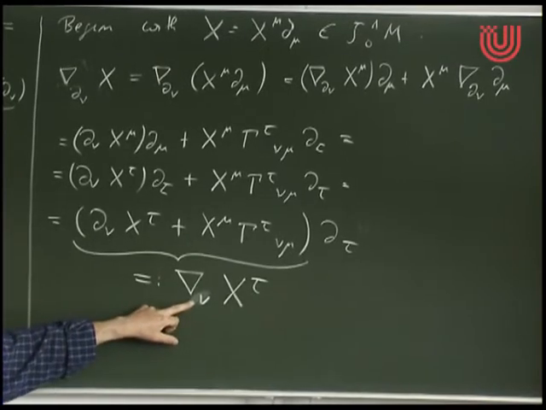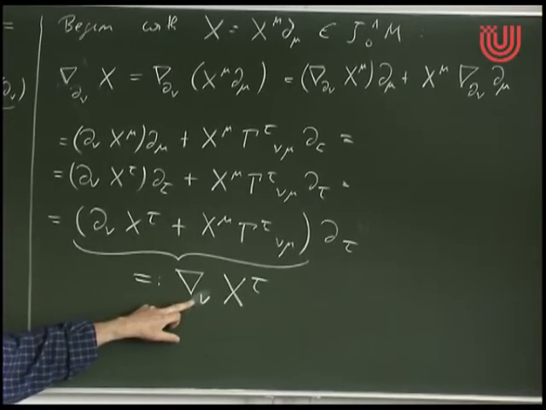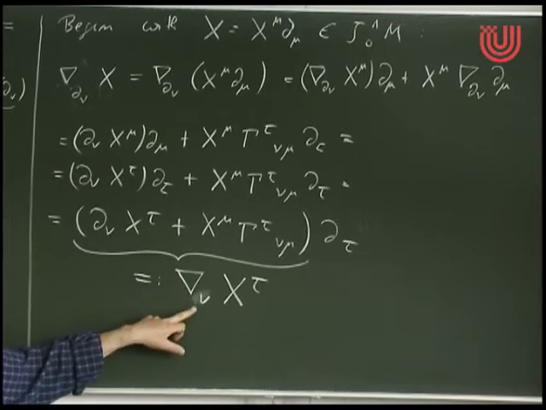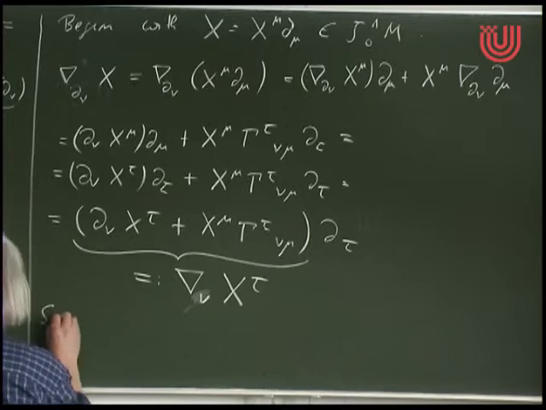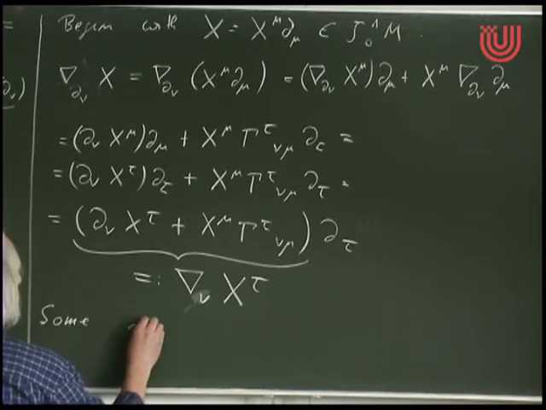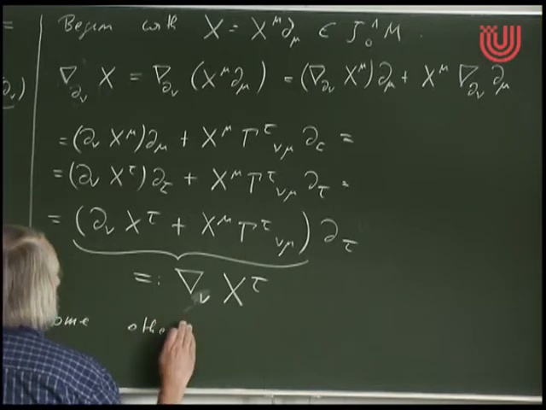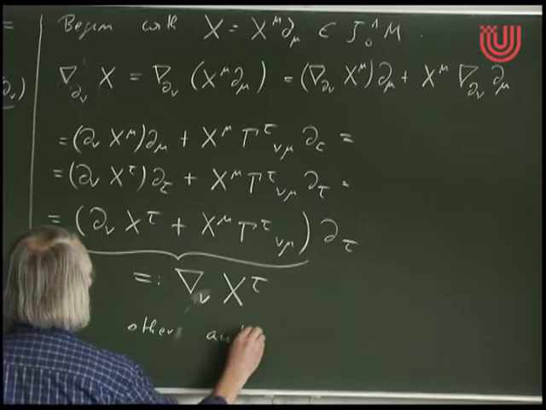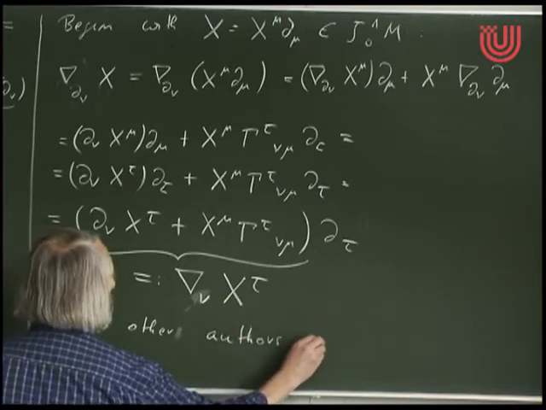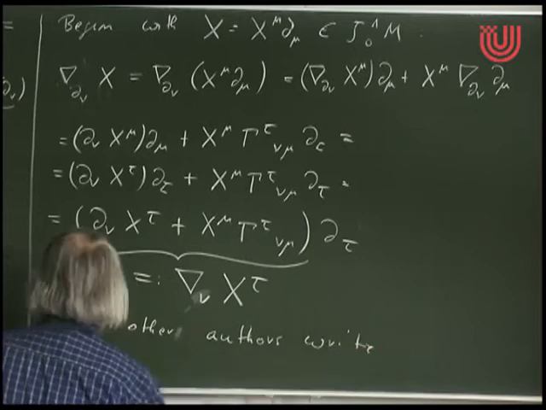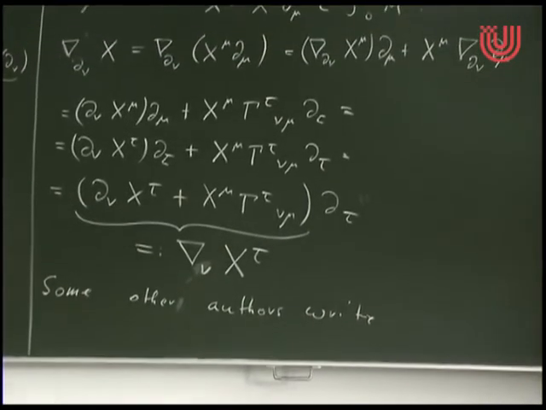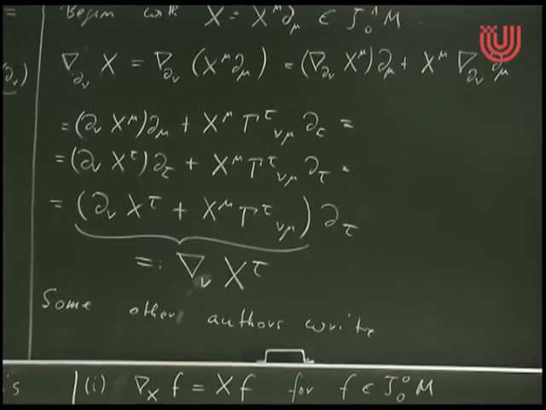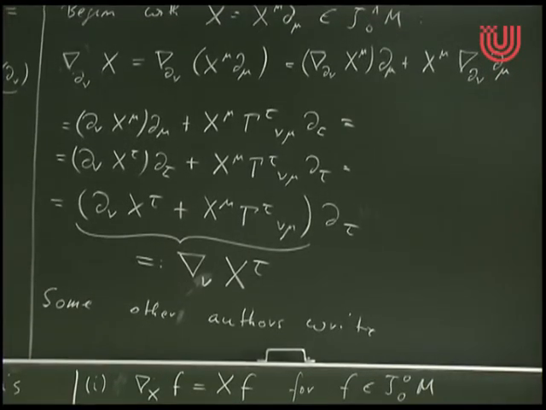When I use index notation, I denote the covariant derivative by del with the index. There are some other notations. Some other authors use other symbols for partial derivative and covariant derivatives. And because you find this in many books, I should mention this.